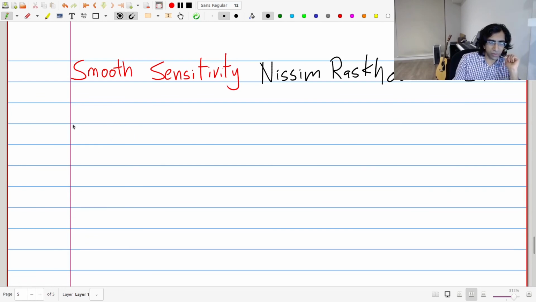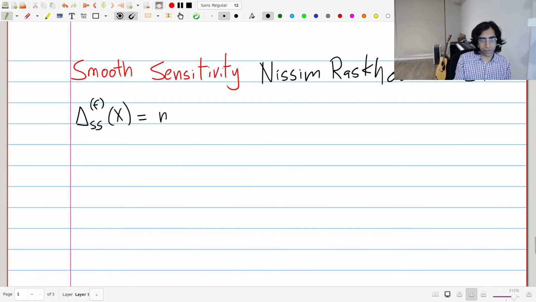So what we do is we define the smooth sensitivity of a function. If we have a function f, then smooth sensitivity is the following quantity, again at a specific data set x. This is equal to the max over all data sets x tilde, because usually we use x prime for a neighboring data set.